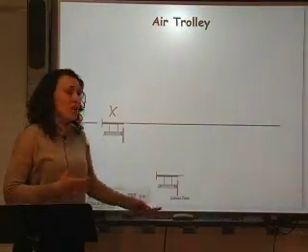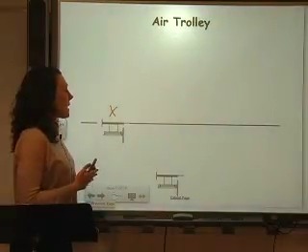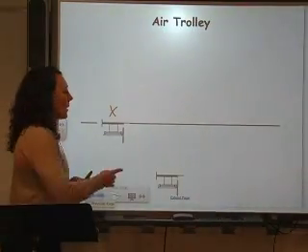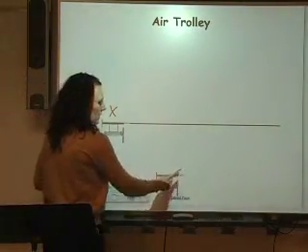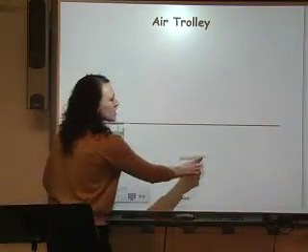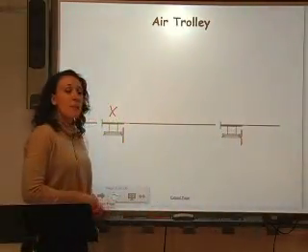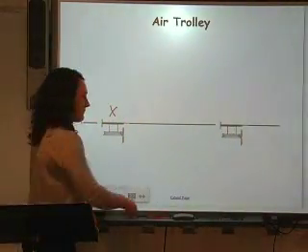Now, we want to show that the object actually moved. So how are we going to show that the object moved? Well, one way to do it is to put another air trolley on the board to represent where it finished its motion.